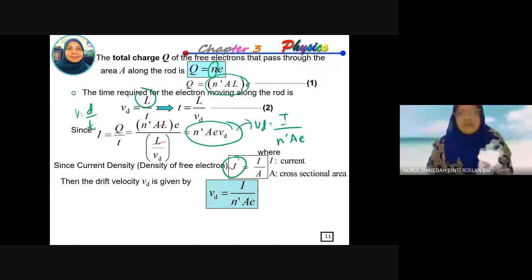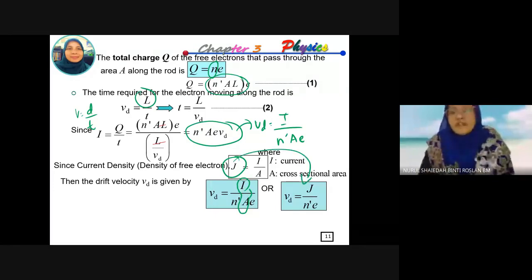So VD equals I over N prime AE, or I over A equals J. VD equals J over N prime E.